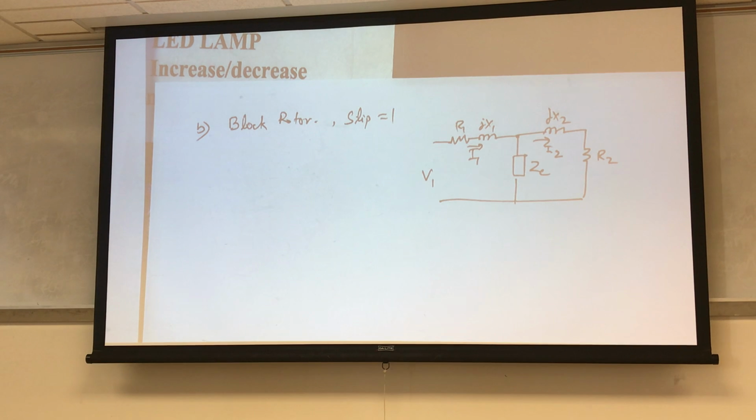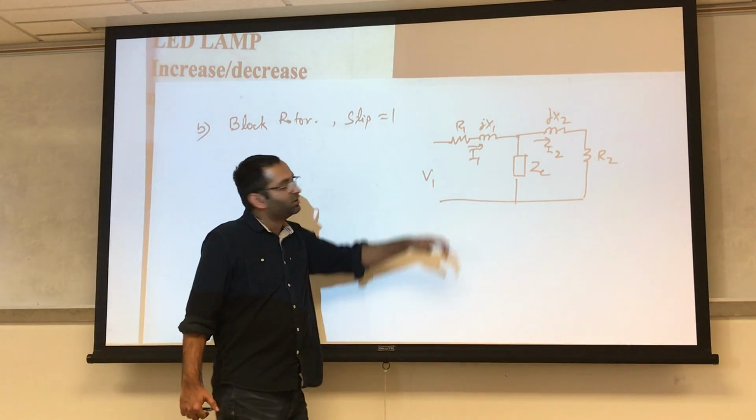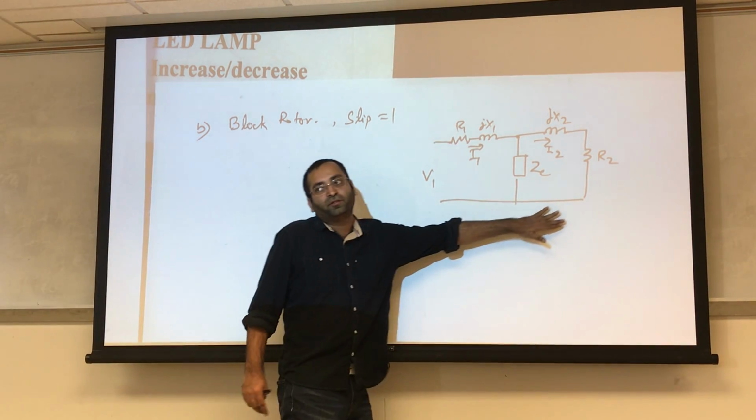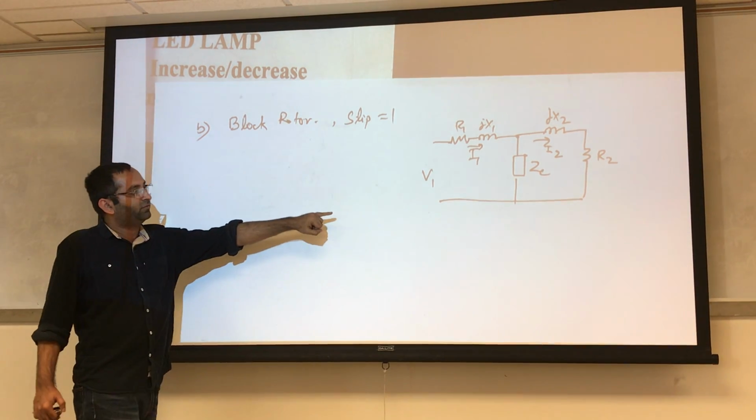And the question is asking to calculate the block rotor line to line voltage and the input power. There is another thing. In the question it says this system is running at a frequency of 12.5 hertz.